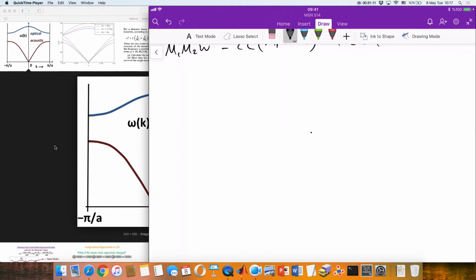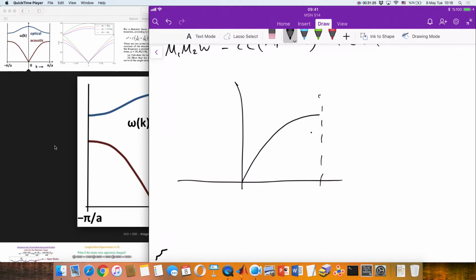So I forgot to mention something, and now I see that. Okay, you remember we had something like this, and I said after this point there is no meaning, pi over a, but this also has some meaning.